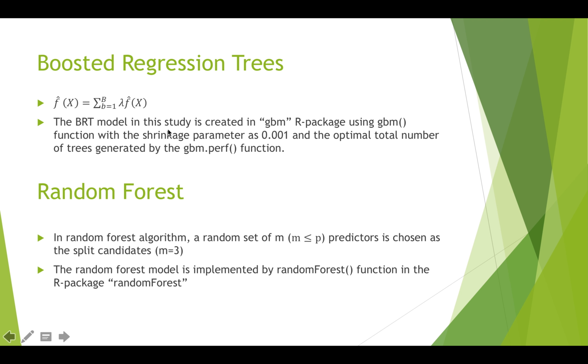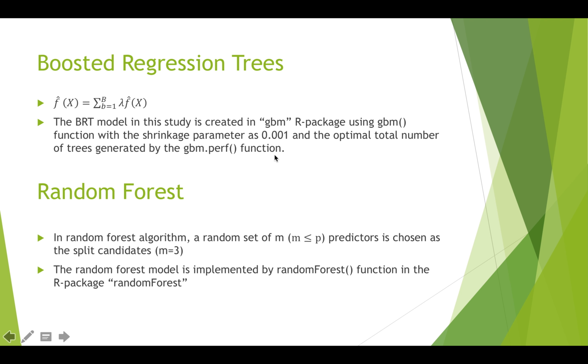In this study the BRT model is created in the GBMR package by using the GBM function with the shrinkage parameter as 0.001, and the optimal total number of trees is generated by using the GBM perf function.